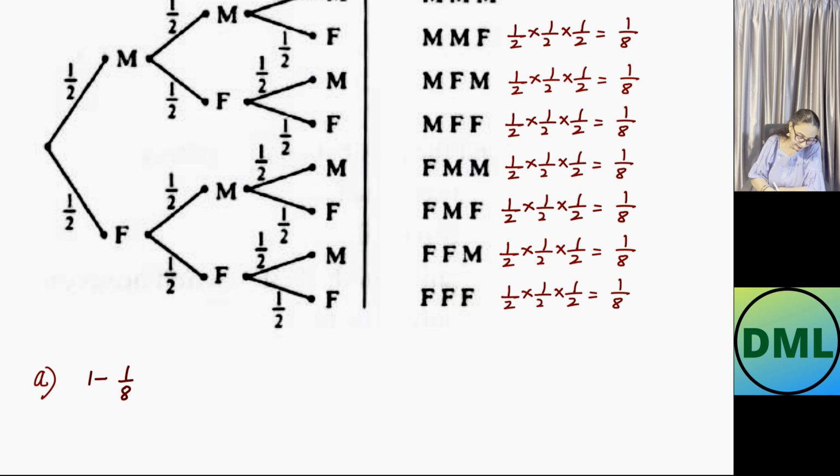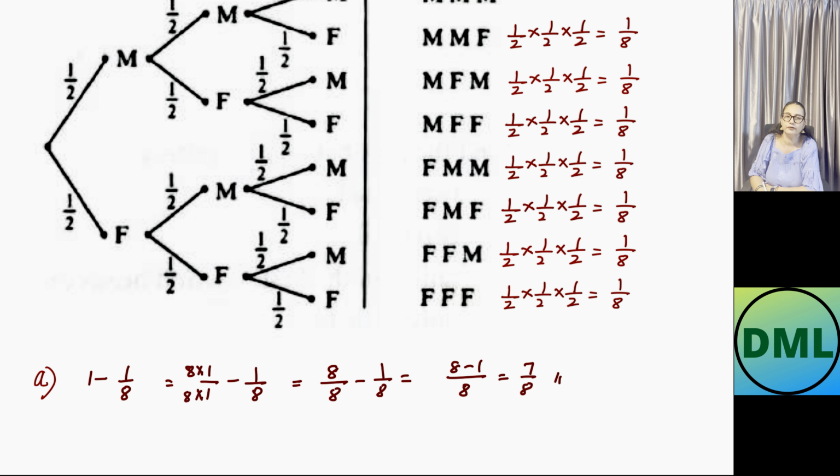Let's make the denominator the same here. This will be written as 1/1 minus 1/8. I need to make the denominator the same, so I'll multiply this with 8 and this with 8. This will be written as 8/8 minus 1/8, which equals (8 minus 1)/8, which equals 7/8. This is your answer for the first part.